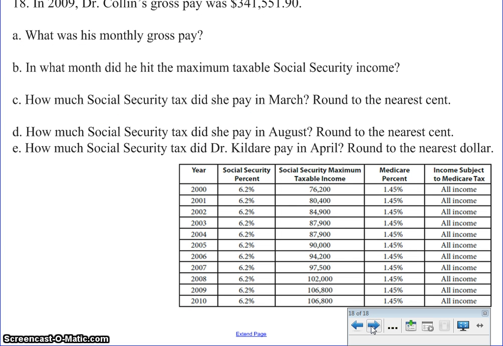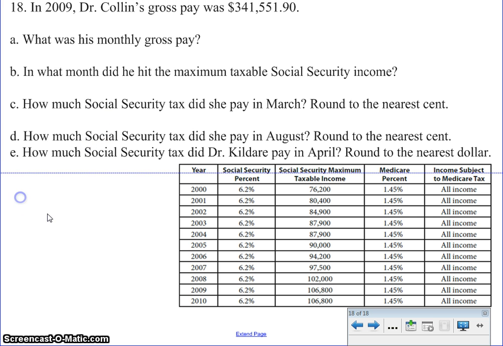All right, we're to the last question for the review, but there are quite a bit of parts to this, so it's going to take us a second to get through. Question 1, it says in 2009, Dr. Collins' gross pay was $341,551.90. What was his monthly pay? So it's asking us to take a year to a month, so we're going big to small, which means we're going to divide.